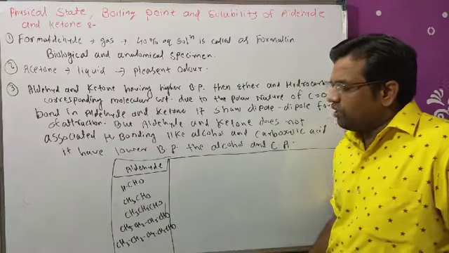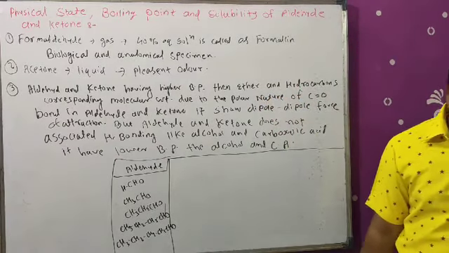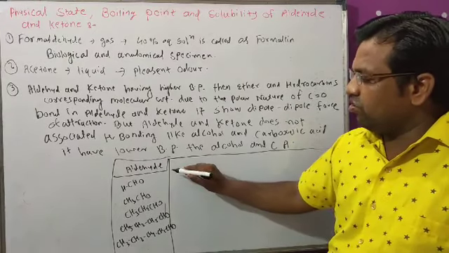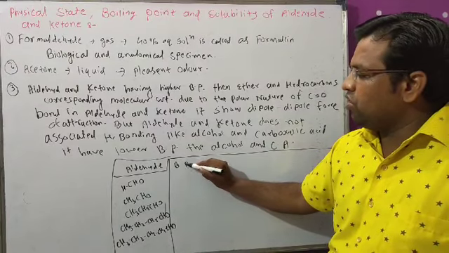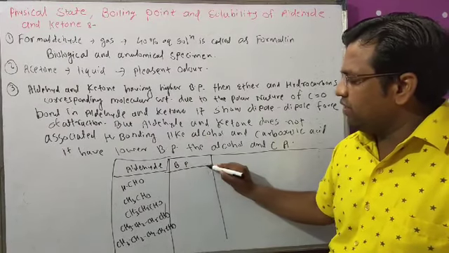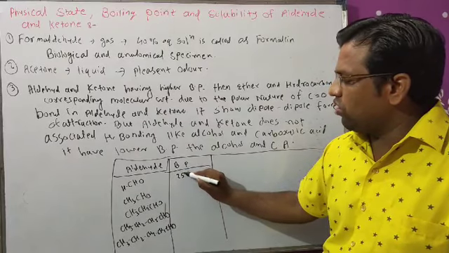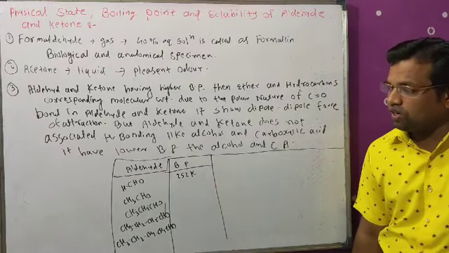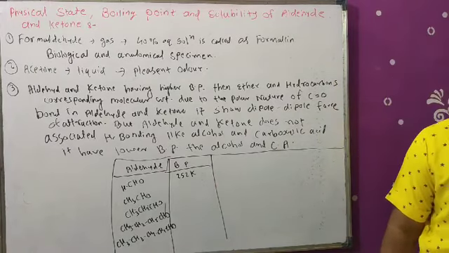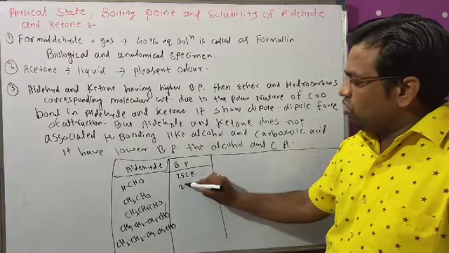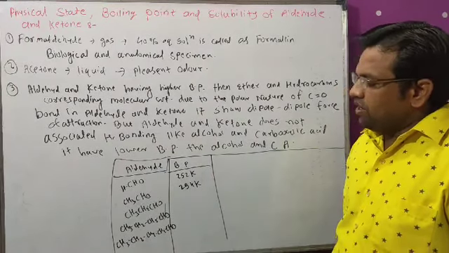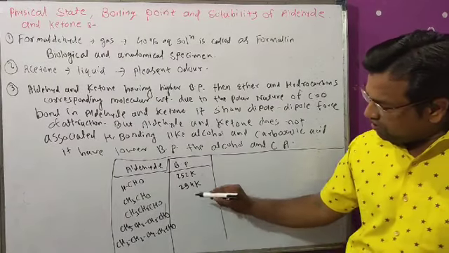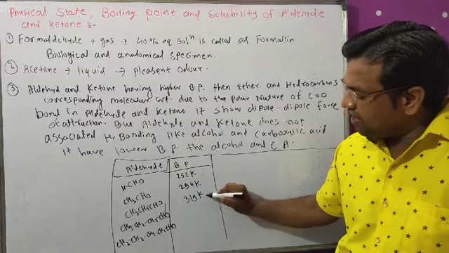Now see here, aldehyde is formed in a gaseous state at room temperature, therefore it has a lower boiling point, like formaldehyde has the lowest boiling point. The boiling point of formaldehyde is 252 Kelvin, whereas acetaldehyde has a boiling point of about 294 Kelvin, and propanal has a boiling point of 390 Kelvin.